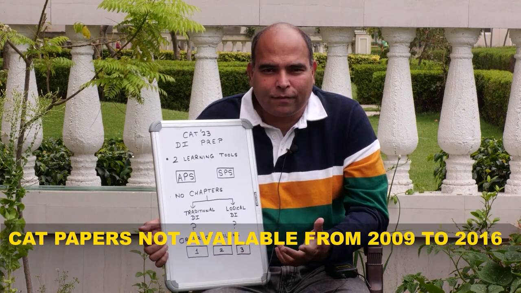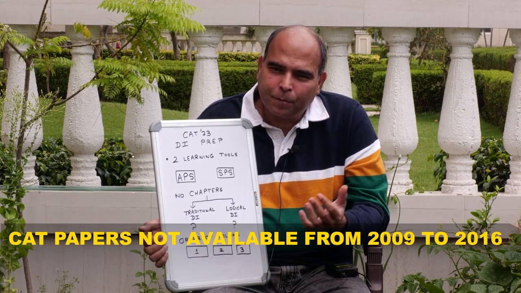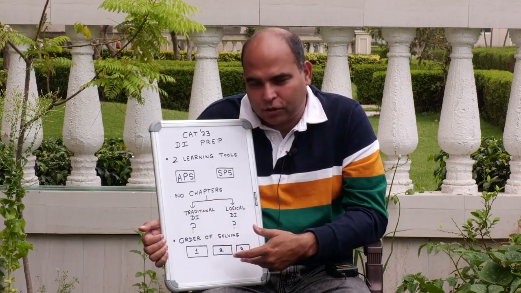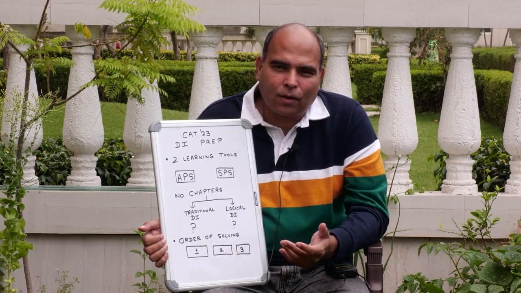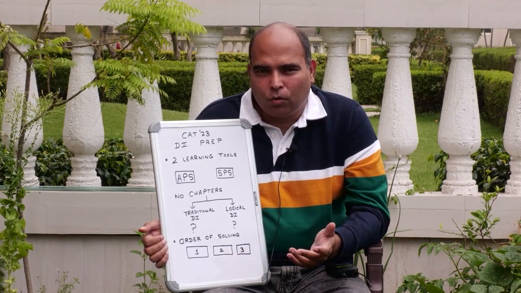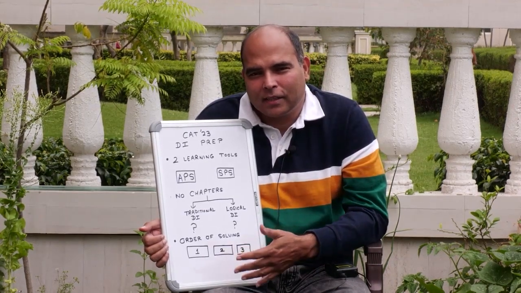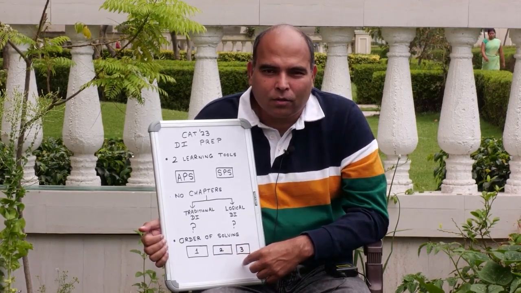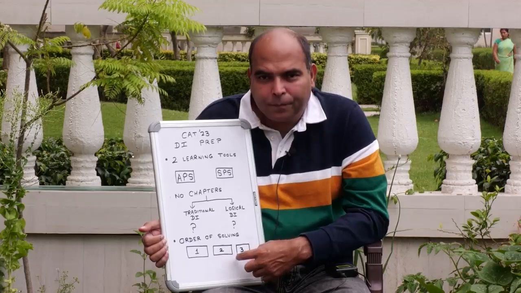You will get around 60-70 sets maybe from CAT, and you might get some sets from XAT and IIFT. So overall, assume 100 sets of previous year questions and around 100 sets of mock tests. If you take around 30 mock tests, you might get 60-70 sets in DI and 60-70 sets in logical reasoning. So from there, assume 50-60 more sets, and that makes around 150 sets here.